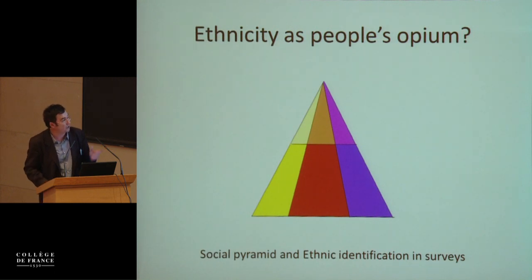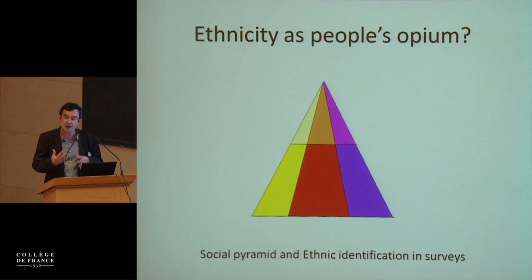So, to some extent, when we look at the surveys with regards to ethnic identification in the Afrobarometer surveys that have been implemented following the wave of democratization in Africa, we could wonder to which extent ethnicity as a tool of political mobilization could not be called a people's opium.